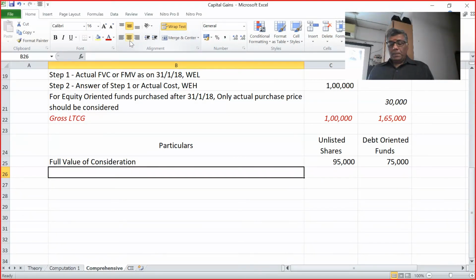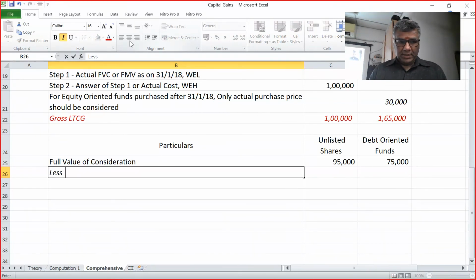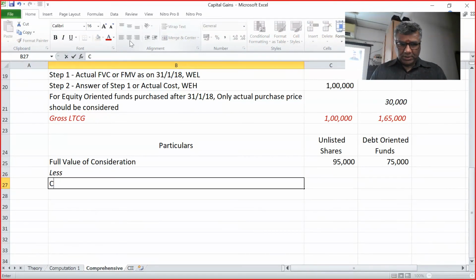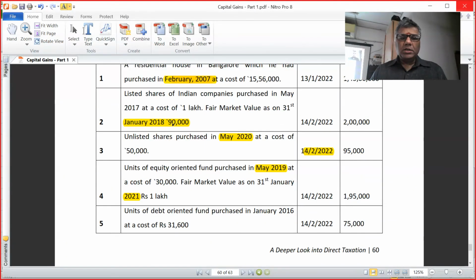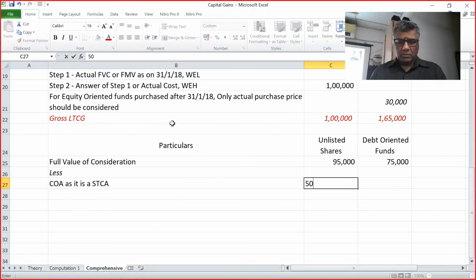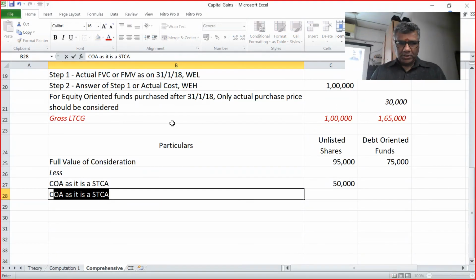As it is a STCA for this 50,000. COA as indexation is not available, for this it is 31,600.